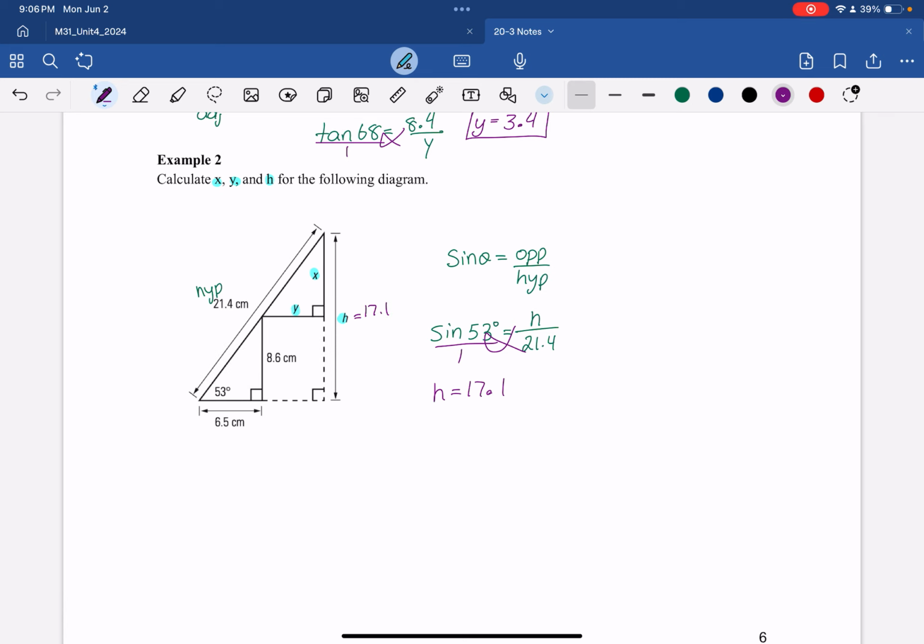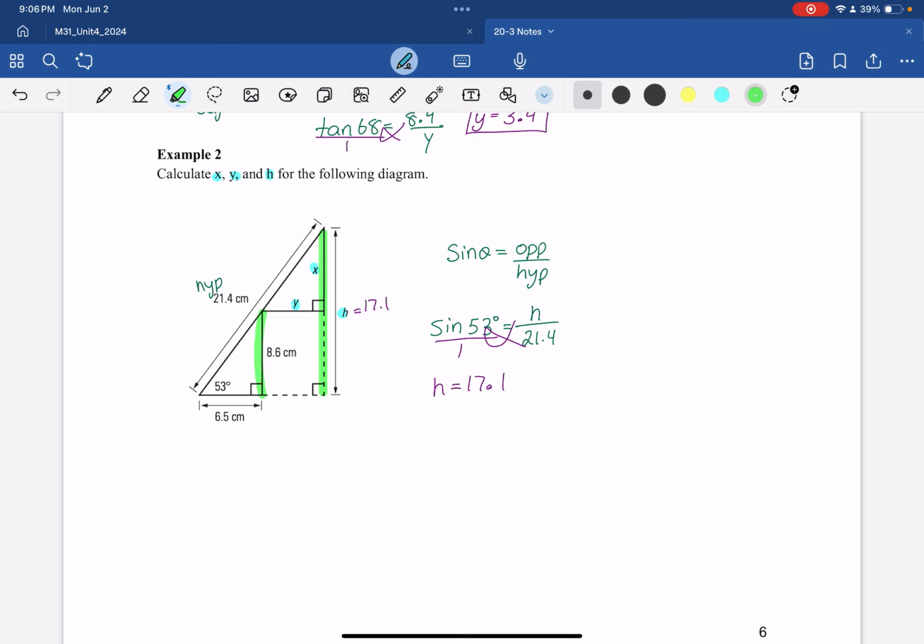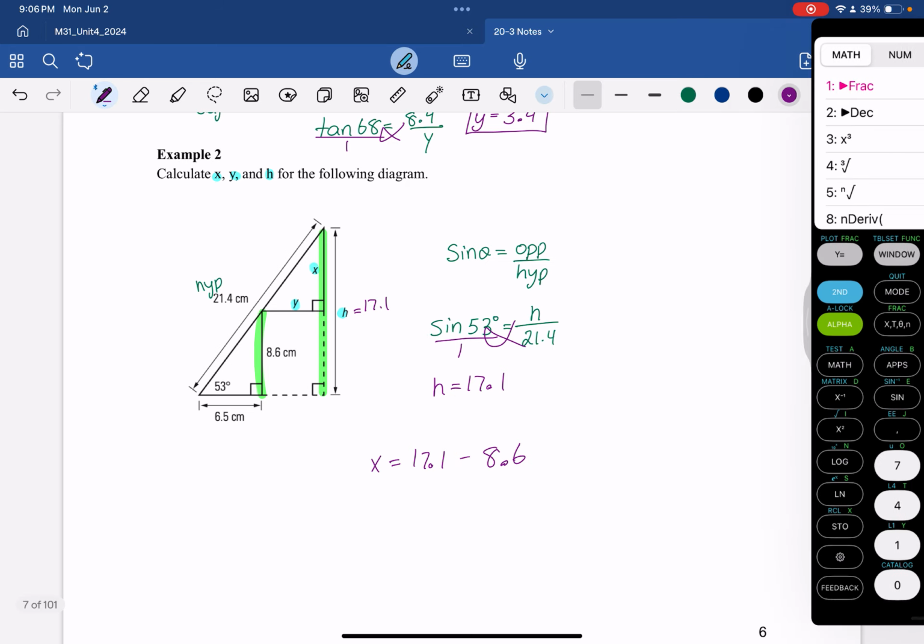Now, I know that this whole side is 17.1. And I know this piece of it is 8.6. So what I can do is to figure out what x is by subtracting 17.1 minus 8.6. So x is equal to 17.1 minus 8.6.